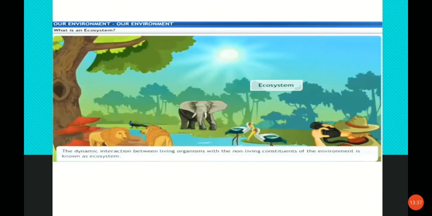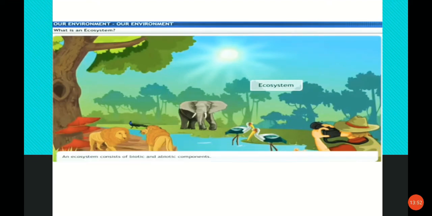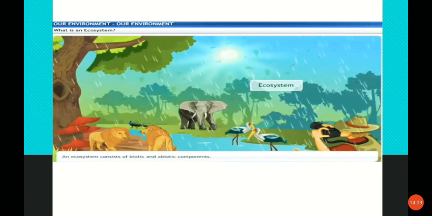All these living organisms in an area interact with the non-living constituents of the environment, and such interaction is referred to as an ecosystem. Thus, an ecosystem consists of biotic components comprising living organisms and abiotic components comprising physical factors like temperature, rainfall, wind, soil, and minerals.